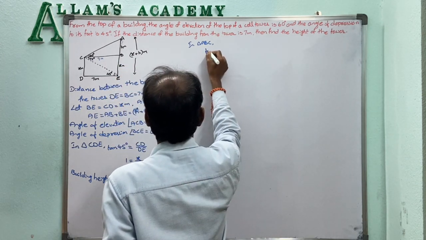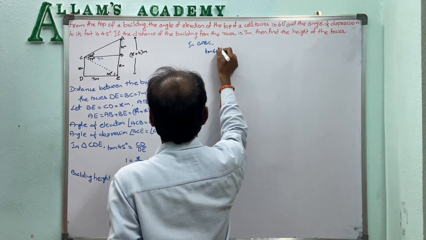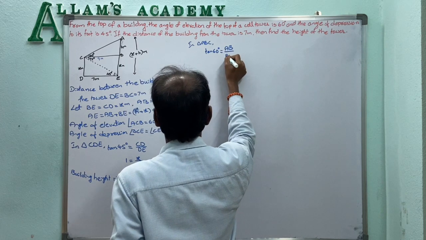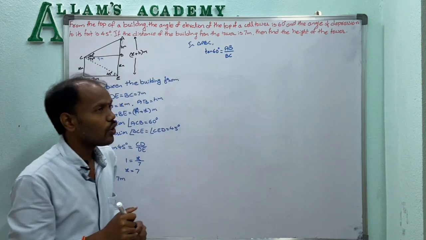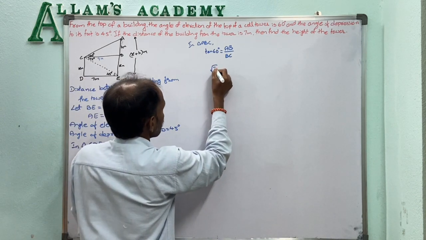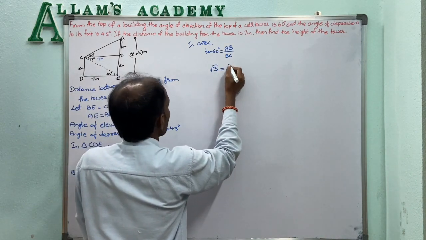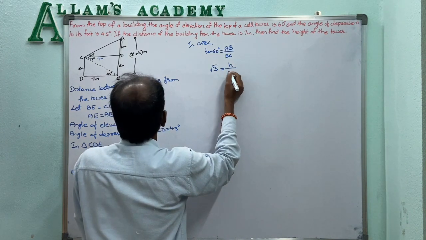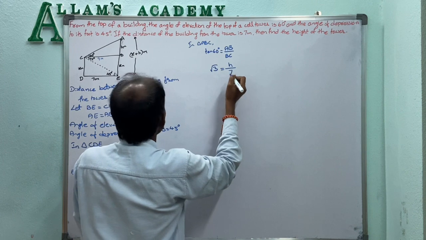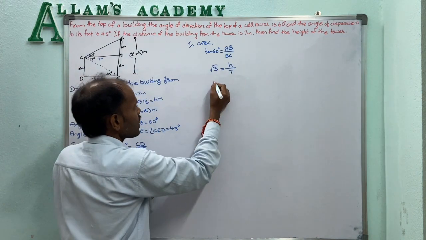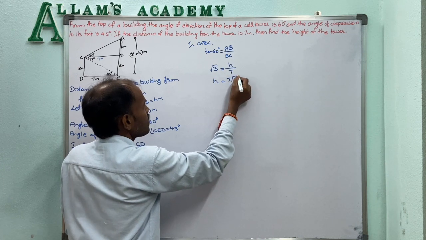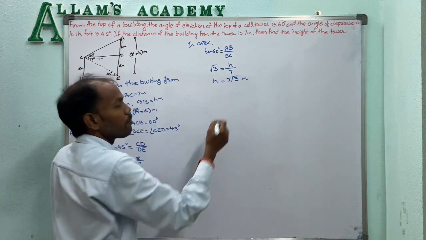So tan 60 equals AB opposite side by adjacent side BC. Tan 60 equals root 3. So root 3 equals AB, that is h, by BC value 7. So h equals, by cross multiplication, 7 root 3 meters.